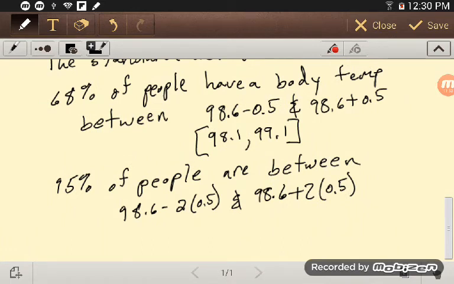And so that gives me from 97.6 up to 99.6. And so that's 95% of the population.